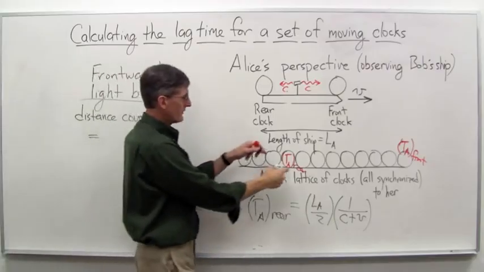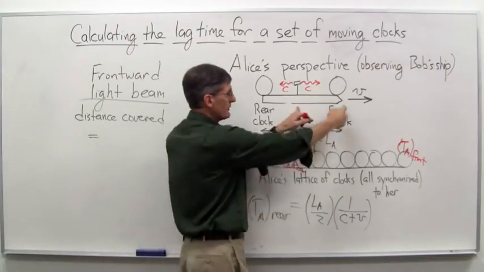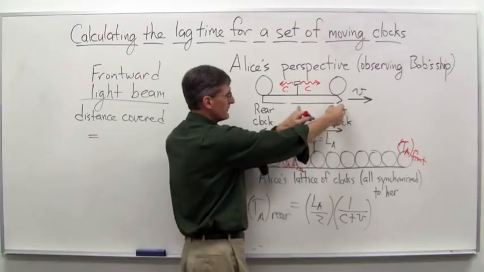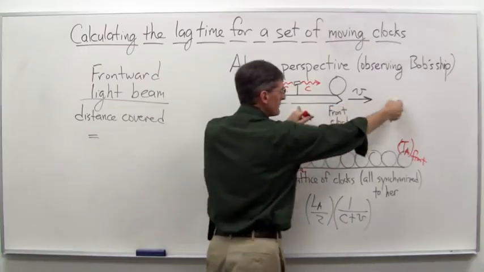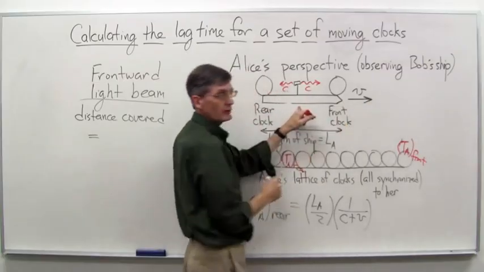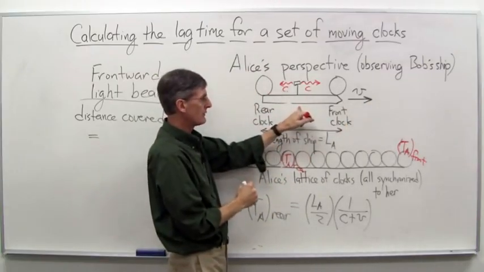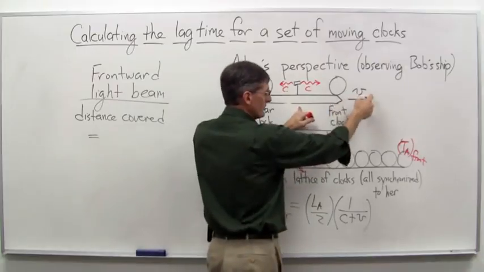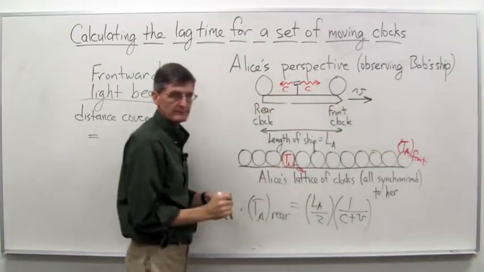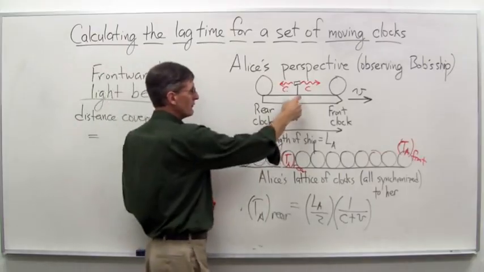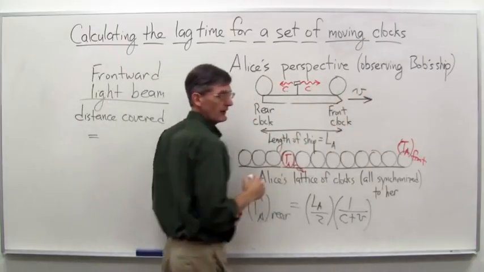Well, it again has to go half the length of the ship, L sub A over 2, plus a little bit more because the front is traveling away from it. And that little bit more is going to be the velocity times however much time elapses between when the light beam was shot and when it actually gets there.